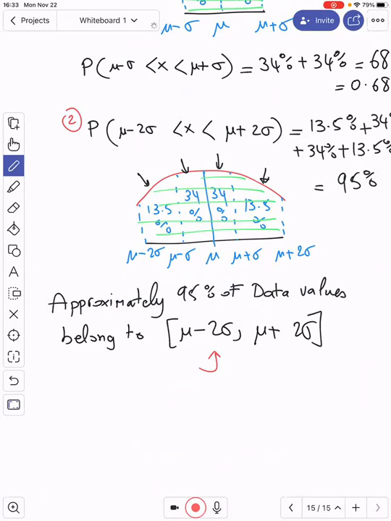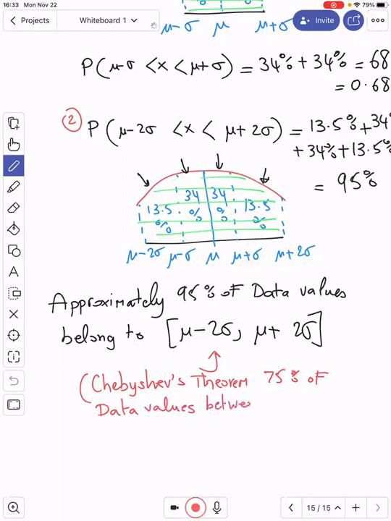In Chebyshev's theorem, we had 75% of data values between mu minus 2 sigma and mu plus 2 sigma.